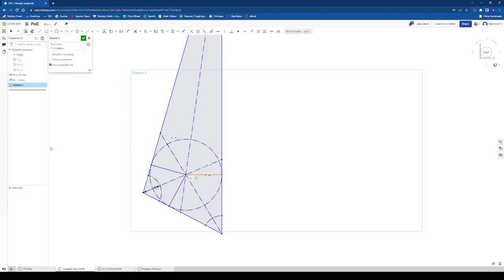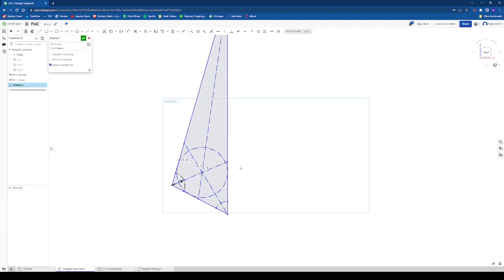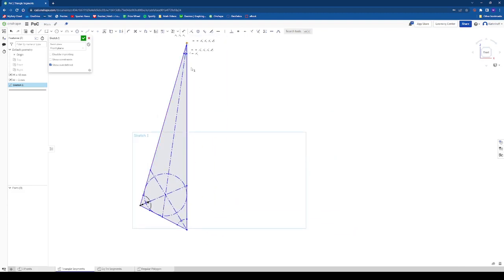Since all of those are radii of this incircle, they're all equal length. So 1.97581, 1.97581, 1.97581. So if we have the incenter, then we know the minimum distance to each side is the same. Or you could think of it as the perpendicular distance to each side is the same.